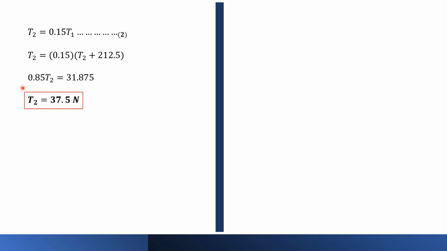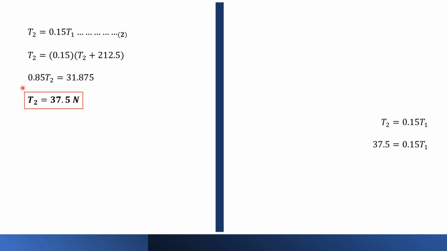For the second equation, we use the known that T2 is equal to 0.15 T1, while from the previous slide we obtained the equation for T1 itself. So in this step, we simply substitute in the T2 equation, simplify the equation, and we get the value for T2.